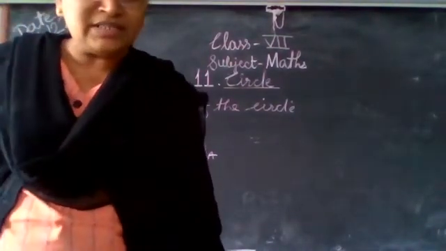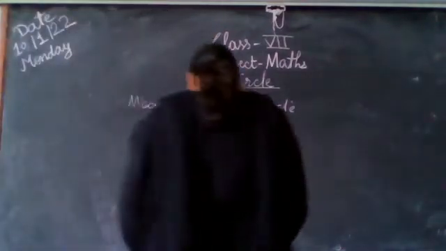The angle subtended at the center by the circle is 360.